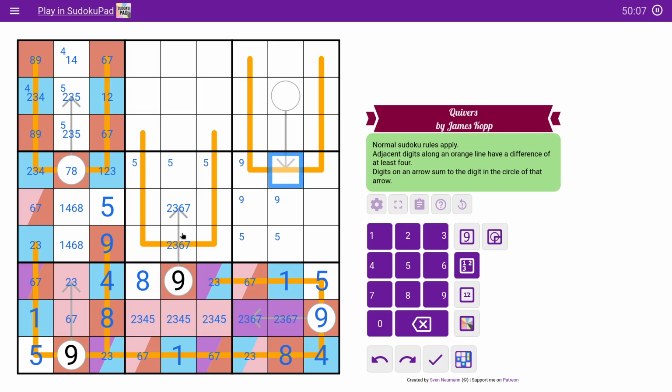It simply makes this 1 through 5, 1 through 5. Of course, this one cannot be 1 or 5. 2, 3, or 4. This one is 6, 7, or 8.